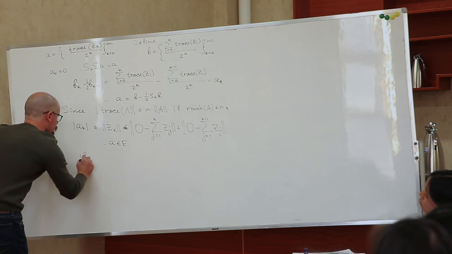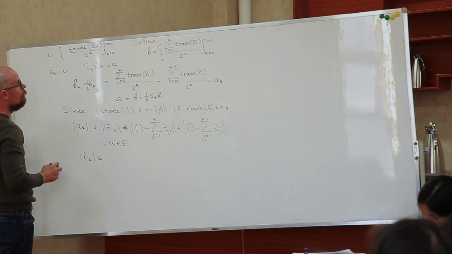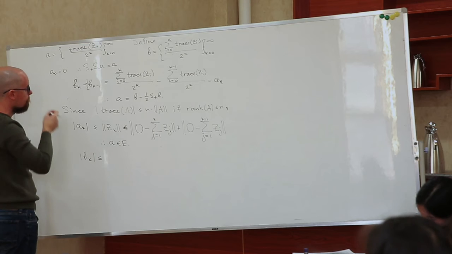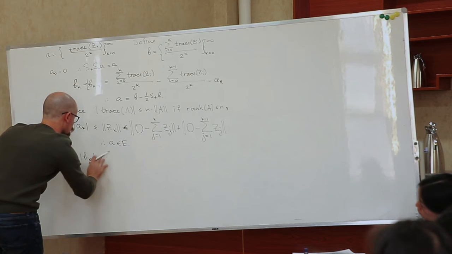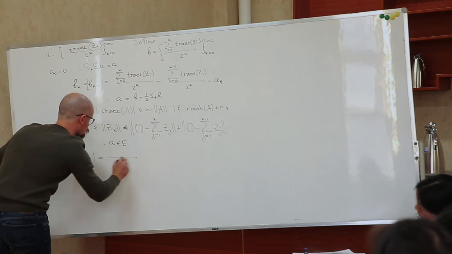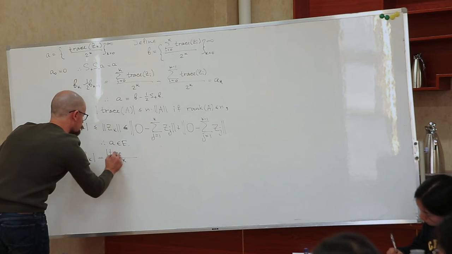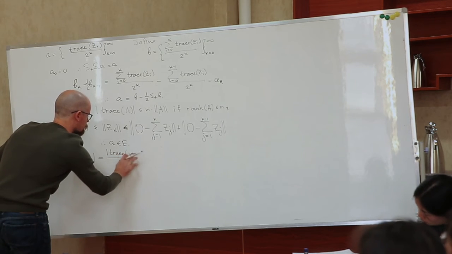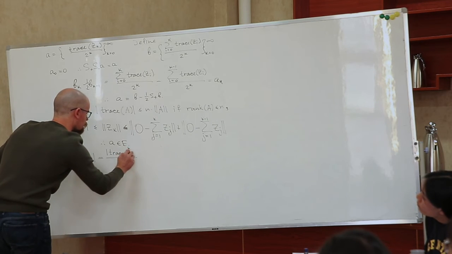So for B_K, we have less than or equal to, so I also estimate, I will write it like this: 2 to the power of K, trace of Z, and the trace of the sum from 0 to K of Z_I.